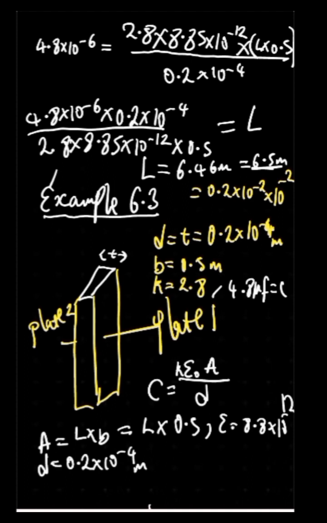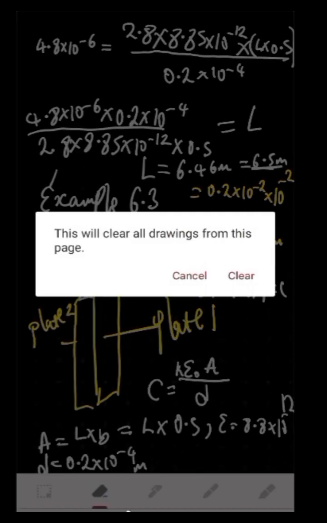Example 6.4, I will treat it specially. It's under transient. I will treat it specially on a separate video. So in this question, example 6.5, that's in page 60 in this edition.